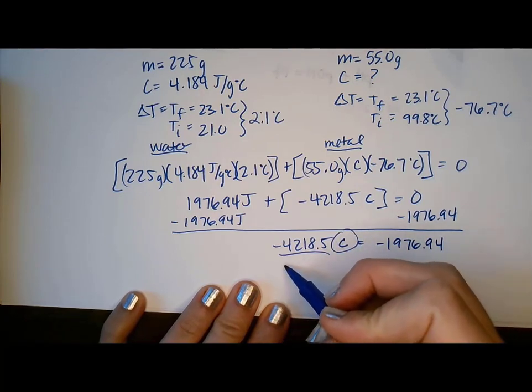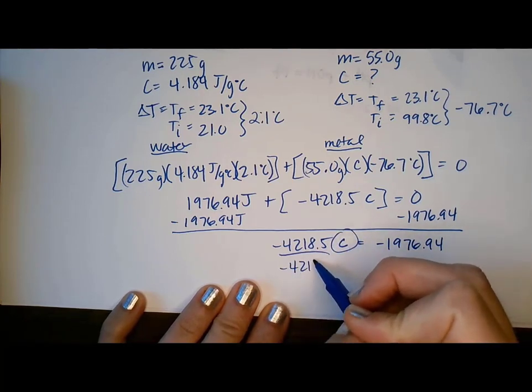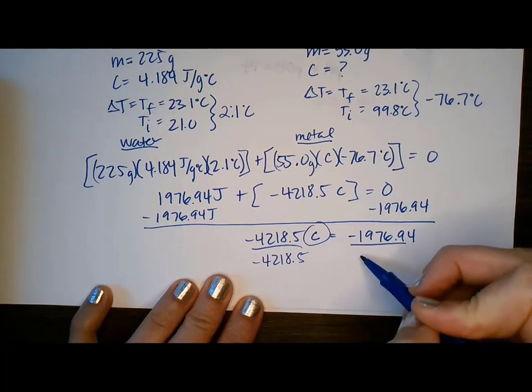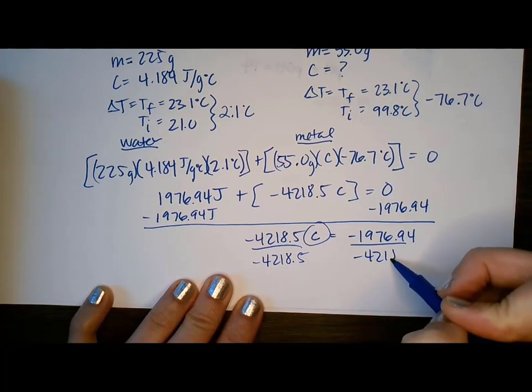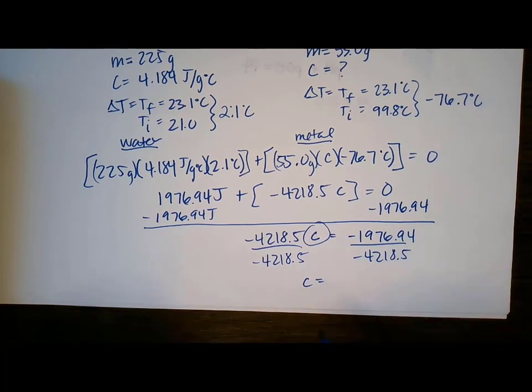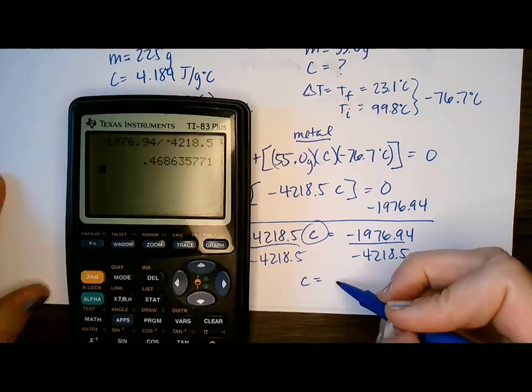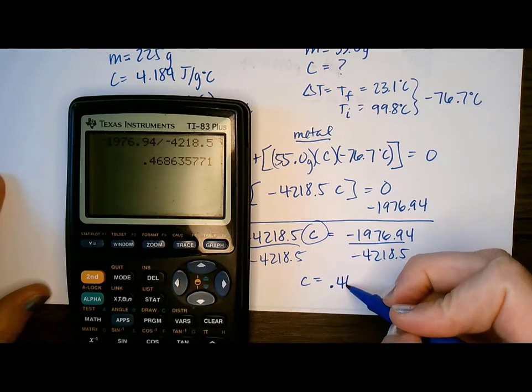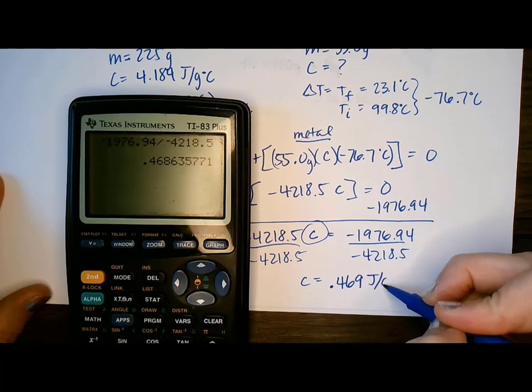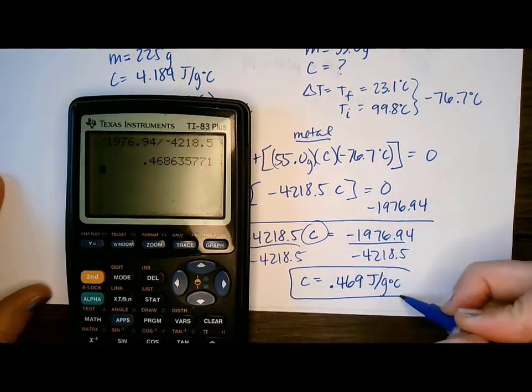Divide by negative 4218.5. So the specific heat of my metal is negative 1976.94 divided by negative 4218.5. Specific heat should be 0.469 joules per gram degree Celsius for my metal.